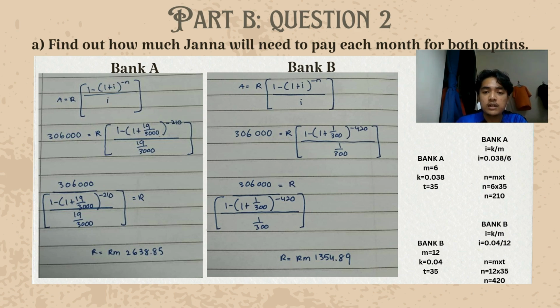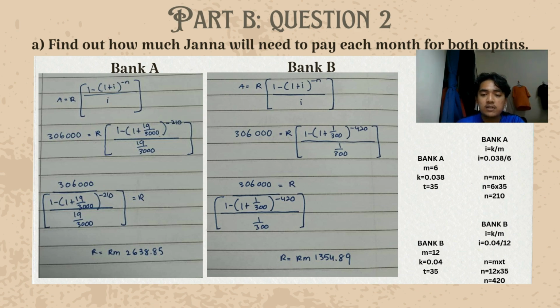Then we need to use the A formula. What is the A formula? A equals R, open bracket 1 minus open bracket 1 plus i, close bracket, power of negative n, over i, close bracket. So we just need to put it in. A equals 306,000 equals R, open bracket 1 minus open bracket 1 plus 19 over 3,000, close bracket, power of negative 210, over 19 over 3,000, close bracket.